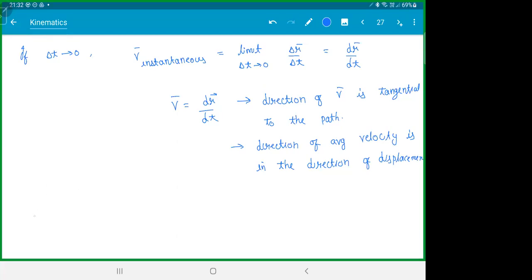So let's say a particle is going something of this sort. This is the initial position. If I ask you, find the average velocity when you have reached point A. So average velocity is what? Displacement by time. So you're assuming as if the body has gone from here to here, this is the average velocity direction. I'll just write V average. But if I ask you find the instantaneous velocity at A, this is the instantaneous velocity. At that instant, it is traveling along the path.